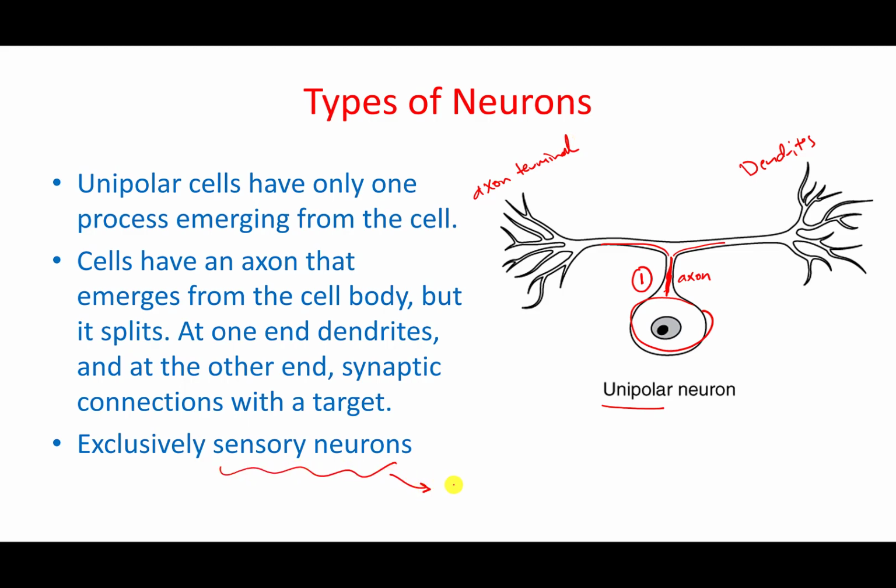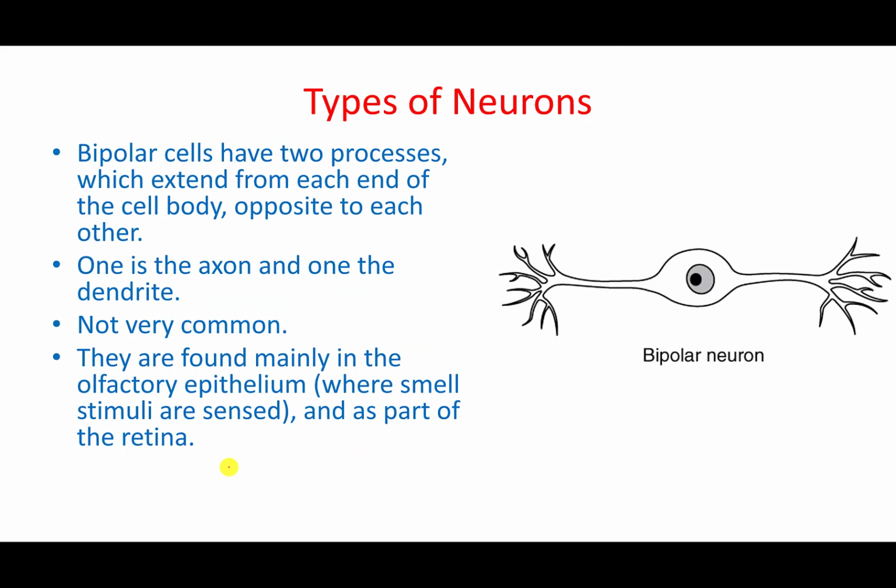It means that they are collecting information and sending it to the central nervous system. All of them. The second type is the bipolar neuron. Why? We have the cell body and there are two extensions coming off the cell body. That's why it's bipolar. It has nothing to do with the disease, okay?